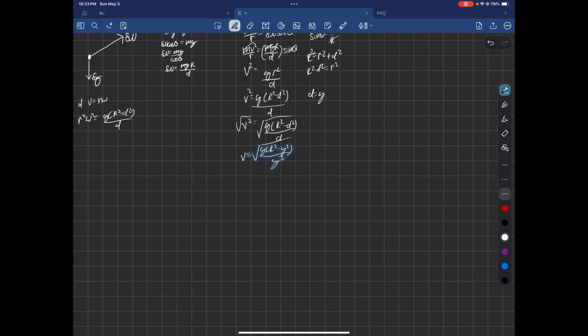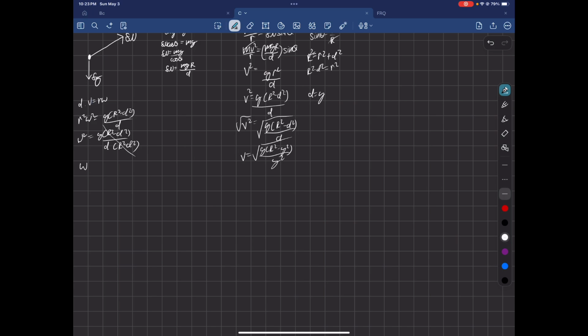And we isolate for omega. And we found what r squared is equal to here. So substitute that, and these would cancel out.